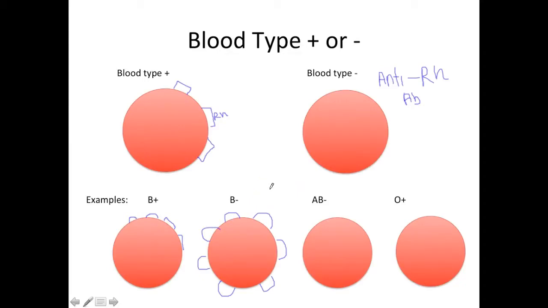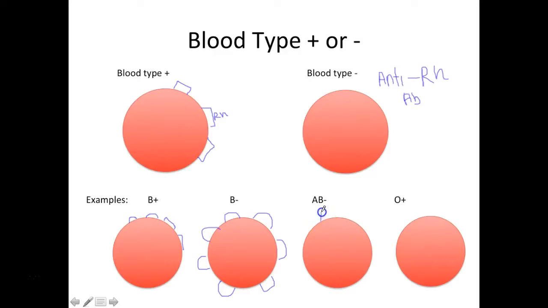I create the same anti-A antibodies that I created in my B positive blood, but what's the difference between the plus and the negative? If you said you're going to create anti-Rh antibodies, you are correct, because we don't have these Rh antigens on the cell surface, so now we want to create antibodies against the Rh antigens because those are going to be foreign to us.